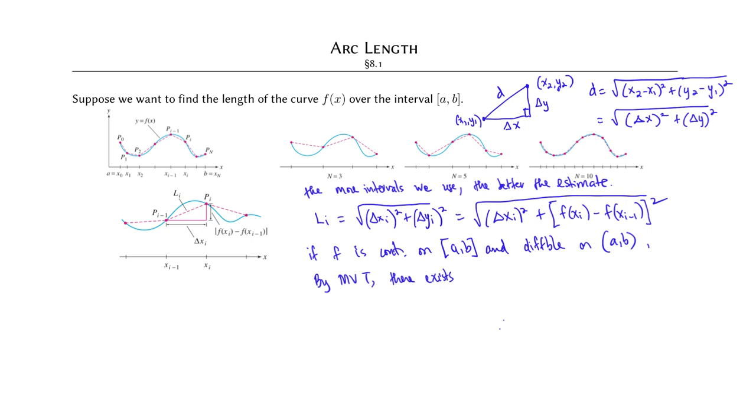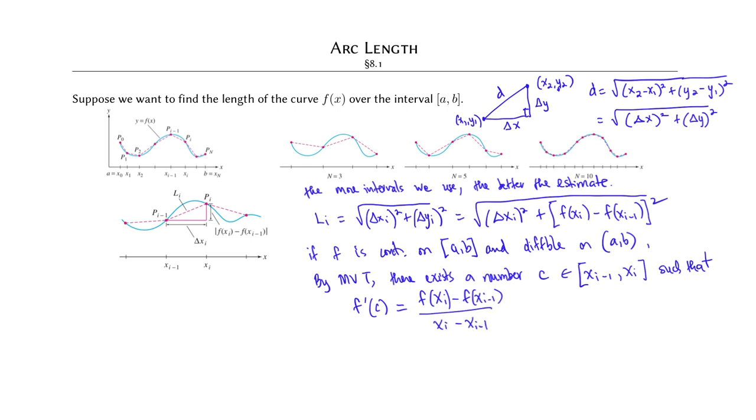The mean value theorem states that if the function f is continuous and differentiable, then there is a number c on the interval such that f prime of c equals f of b minus f of a over b minus a. But we applied the mean value theorem to each of the intervals x i minus 1 to x i.